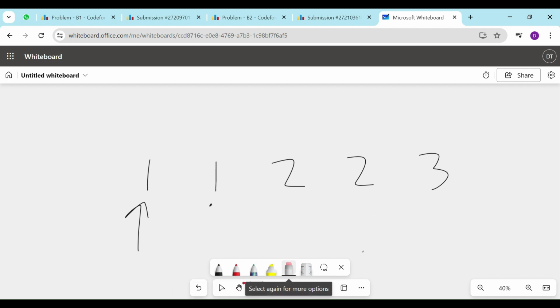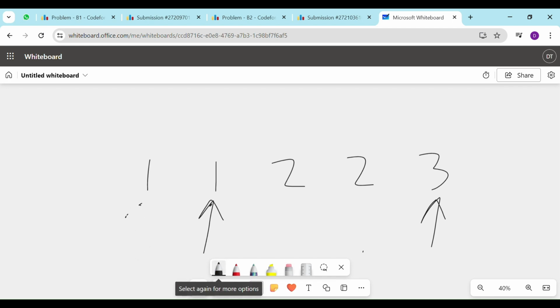Now when we move to this index, we see that max minus min is more than 1. Hence, we will have to increment our start pointer. It comes over here and the difference is still more than 1, so we still need to increment the start pointer.